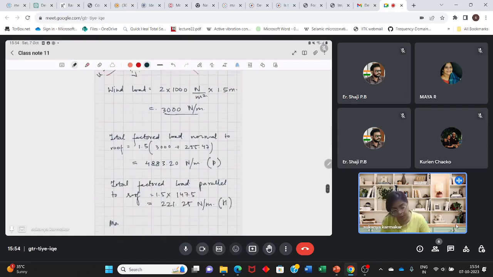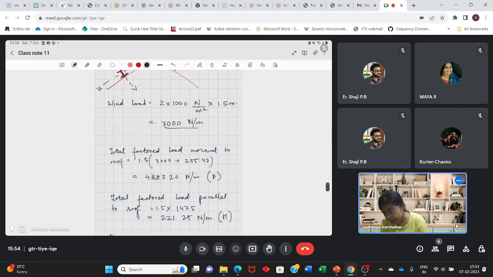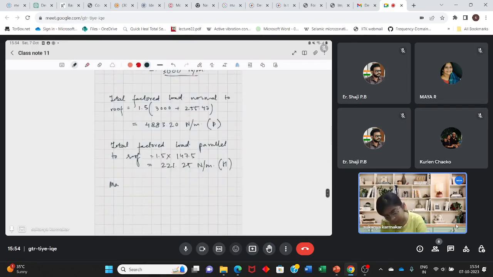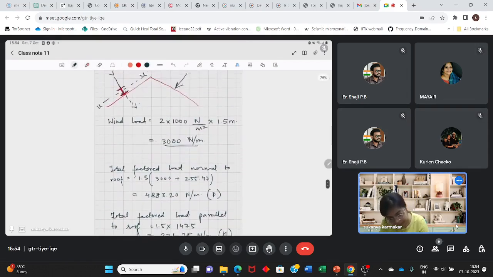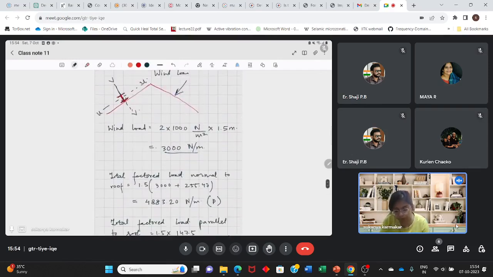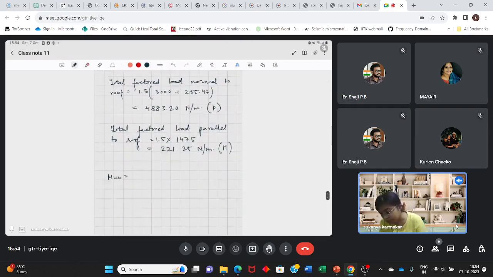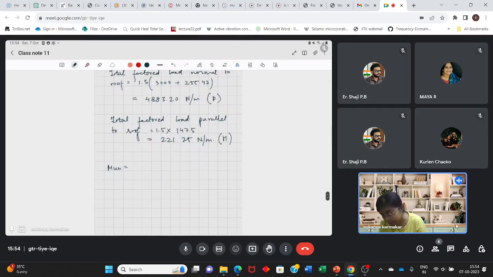Because of the factored load normal to the roof, that is when the load is along the VV axis, the bending will be along the UU axis. Because of the load parallel to the VV axis, that is due to load P, the moment will be PL by 10.